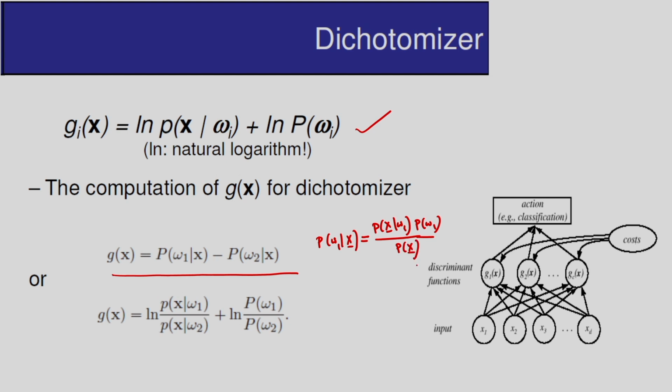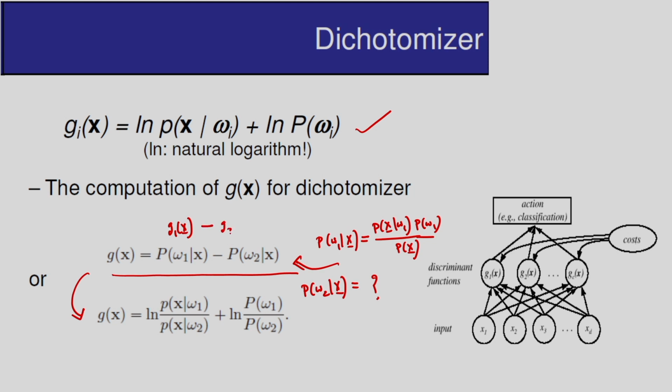If I put this value in this equation, then you will get this. Similarly you have the other one, P(w2|x), which we can also determine. If I put these two values, you will get g(x), which is nothing but g1(x) minus g2(x).